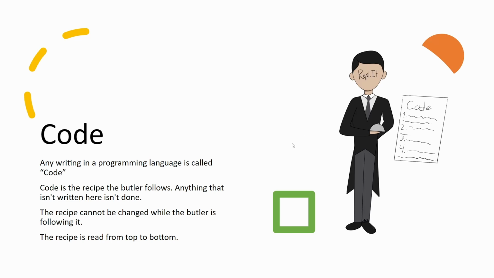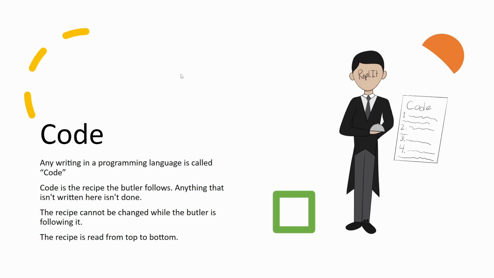So the recipe might say, okay, I don't know, get 2 cups of flour, get 1 cup of sugar, get this and get that, and then mix them together in a bowl. These kinds of things. But we need to give it that information from top to bottom so that it knows what to do.